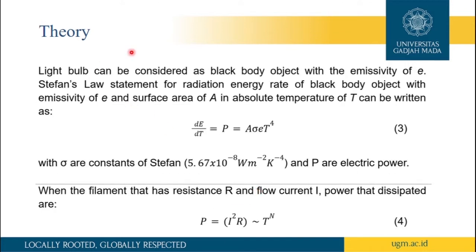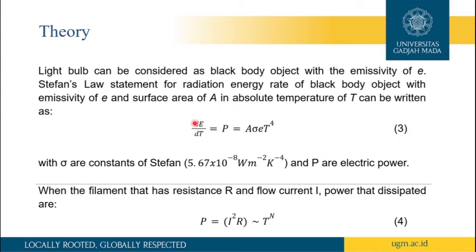A light bulb itself can be considered as a black-body object. A black-body object is an object that can transmit and absorb any heat perfectly, with an emissivity of 1, or we represent it as E. Stefan's law states the radiation energy rate of a black-body object with emissivity E, surface area A, and absolute temperature T can be written as equation number 3, as you can see on the screen.